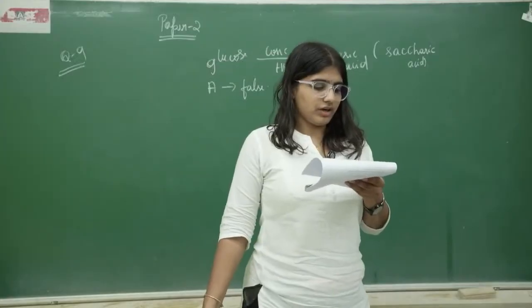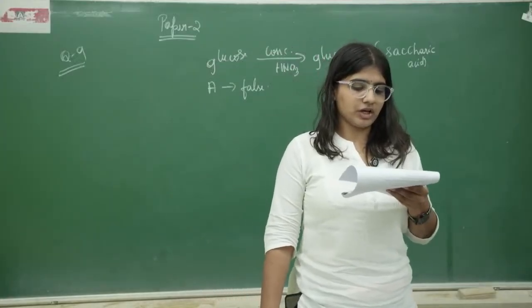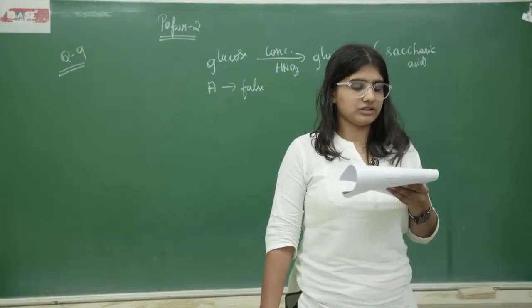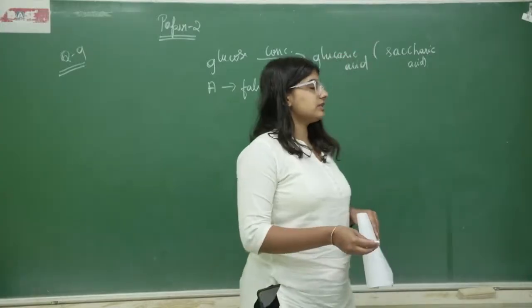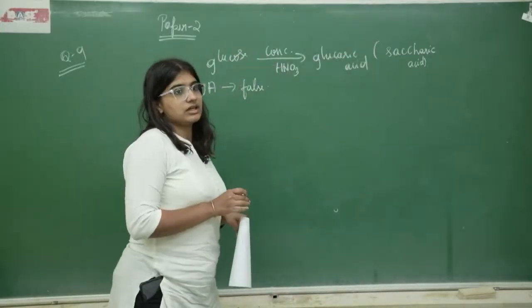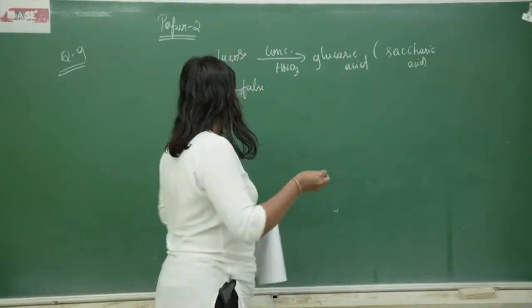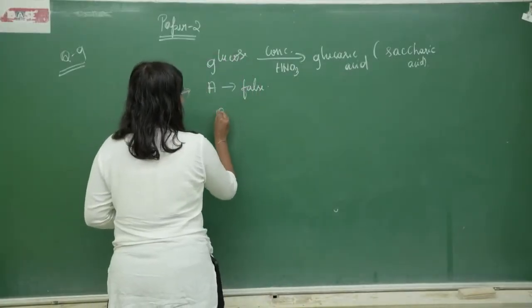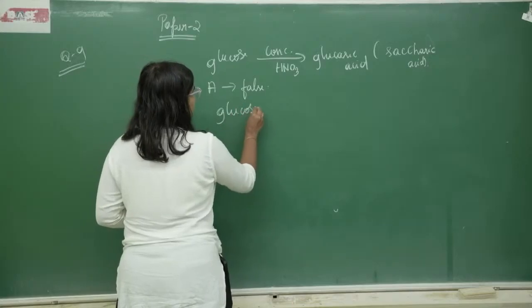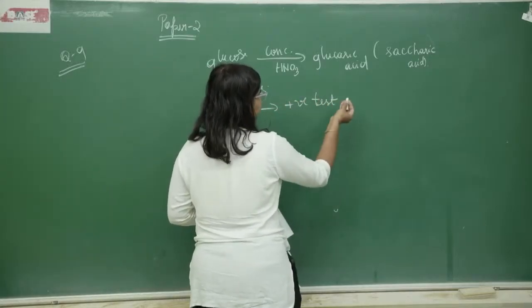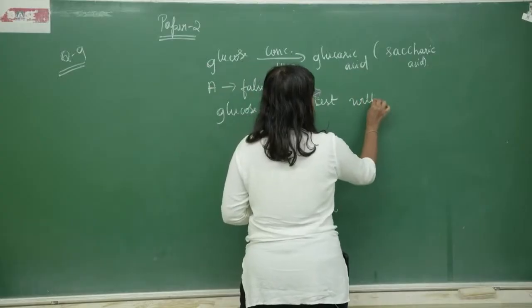Next, option B: fructose gives positive Fehling's test because it isomerizes to glucose and other aldohexose in the presence of Fehling reagent. So Fehling reagent will basically answer the positive test for glucose. So option B is true, because glucose gives positive test with Fehling solution.